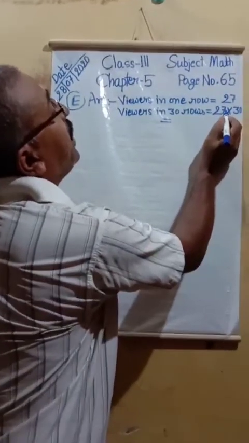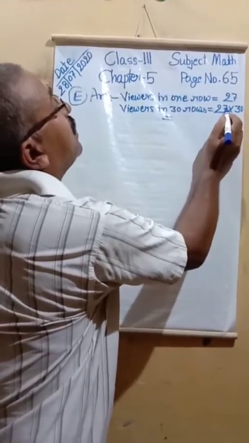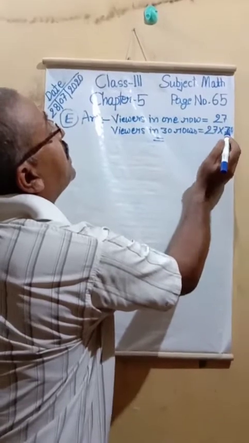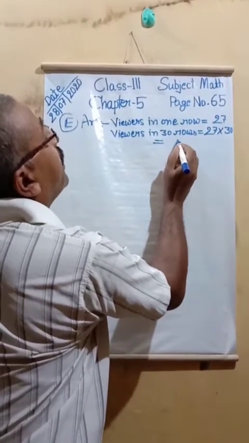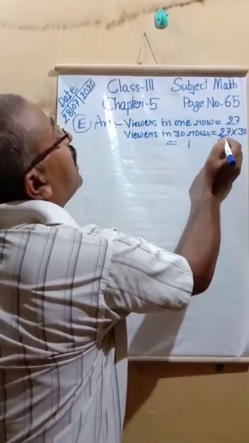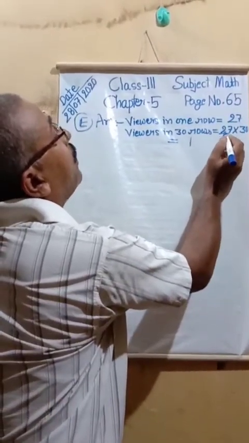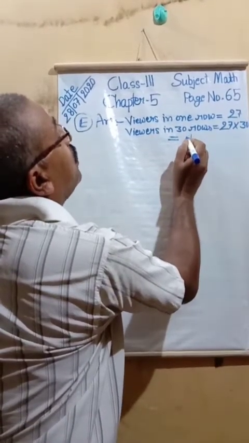Firstly, we read table 7 3 chances. 7 3 ja 21. We will write here 1, carry 2. Then read the table 2 of 3 chances. 2 3 ja 6 or 2 8.